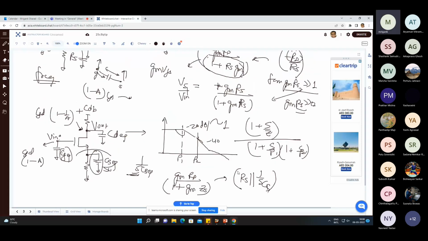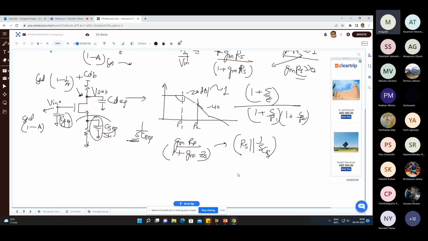That will give you an increasing term with frequency. So you can see which capacitance results in an additional numerator term, which increases the gain at higher frequency. This capacitor at the source is also sometimes intentionally used in some circuits because it gives this kind of increasing gain at higher frequency.